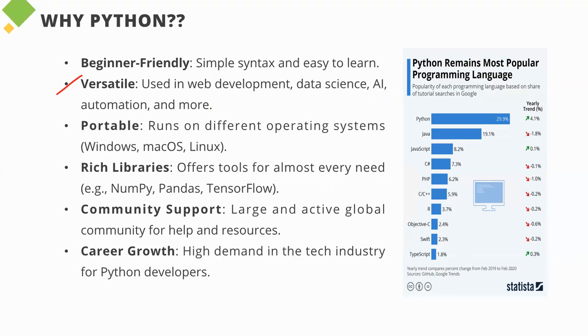It is portable as it runs on different operating systems, and it has a vast set of libraries. With this, we can turn complex code into simpler code. It has a great community. As you see in the statistics, Python has a share of 30% compared to all other programming languages. It has a yearly increase of 4.1%. So with this, we can understand why it is essential to learn Python.